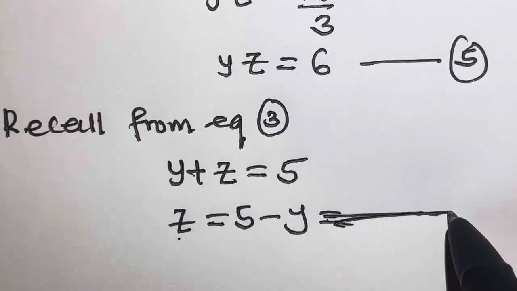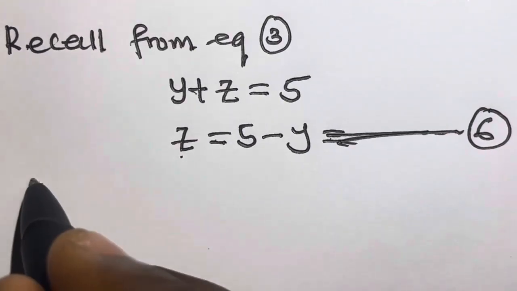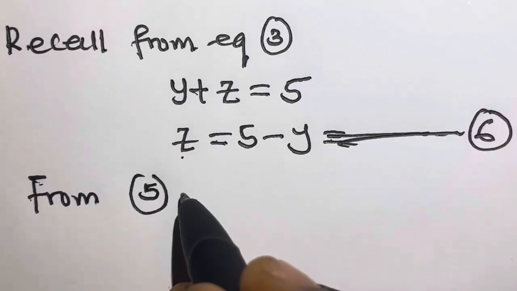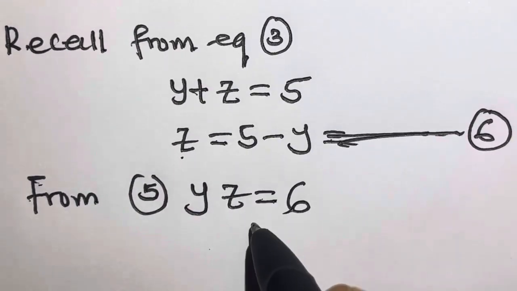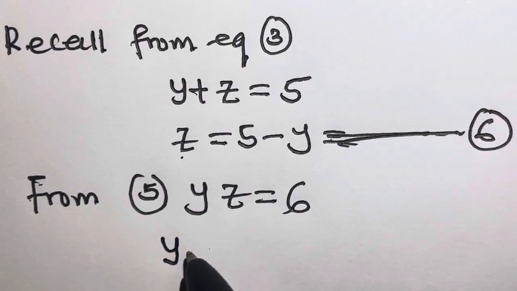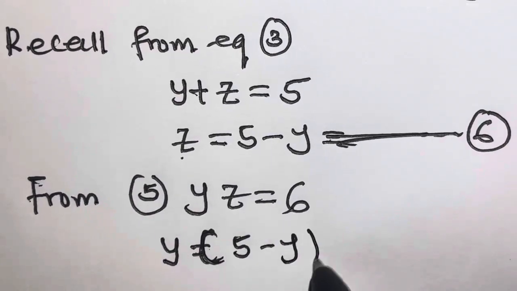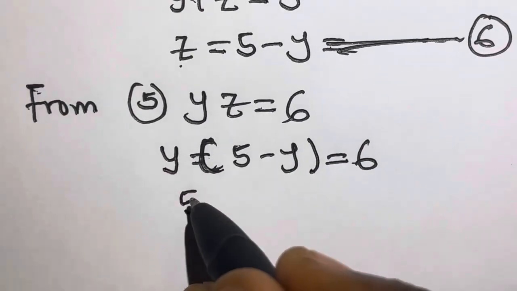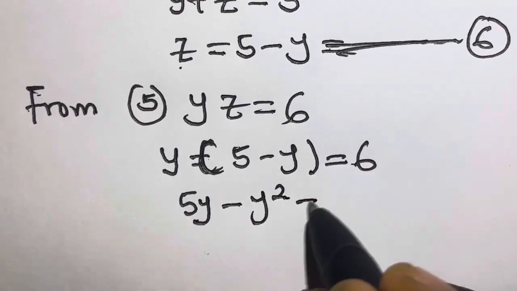Let's take this as our equation 6. And again, from equation 5, yz equals 6. So let's substitute this into this. So we have y multiplied by 5 minus y equals 6. If you expand this, we have 5y minus y square equals 6.